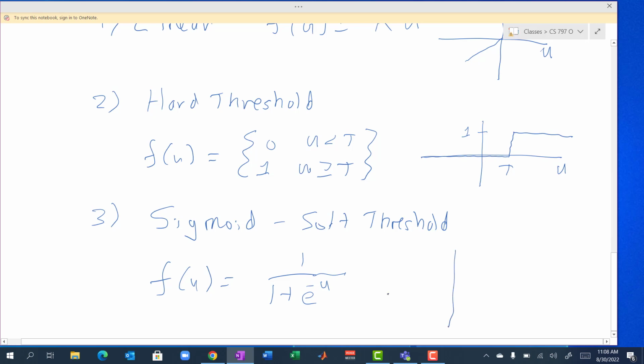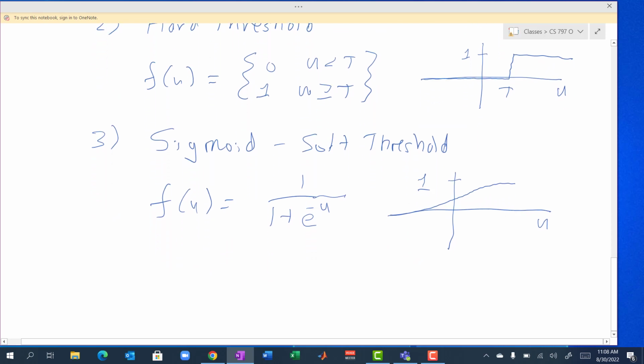Its plot looks like this. It goes from 0 to 1 as u goes from negative infinity to positive infinity. And it mimics the hard threshold, but it's a softer rise up from 0 to 1.